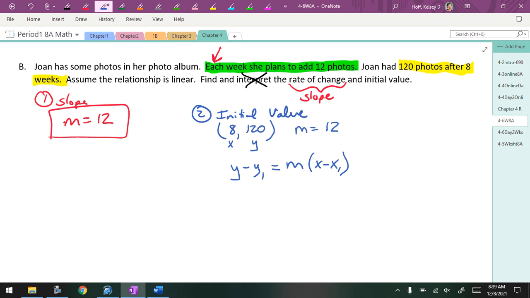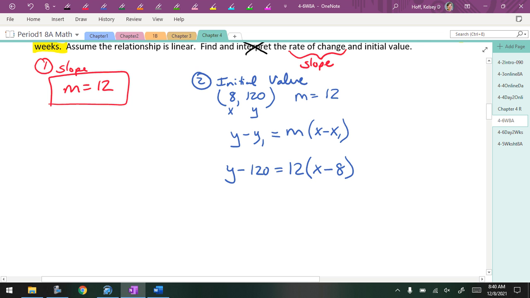Now we got to fill it in. Y minus 120 equals 12, parenthesis, x minus 8. Good work. What's the next thing I have to do?